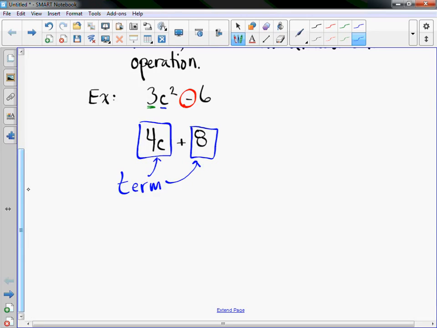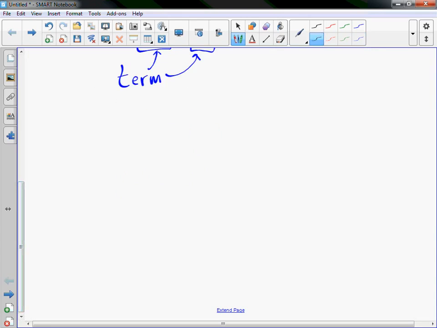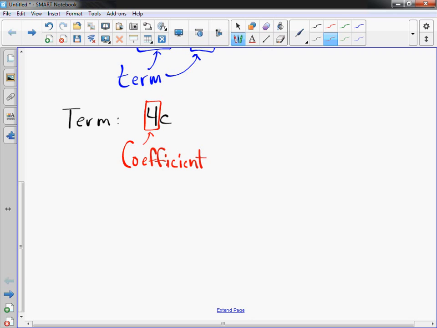So within this first term, 4c, okay, so if our term is 4c, the number 4 that's multiplied in front of the c is called the coefficient. Coefficient. Okay?